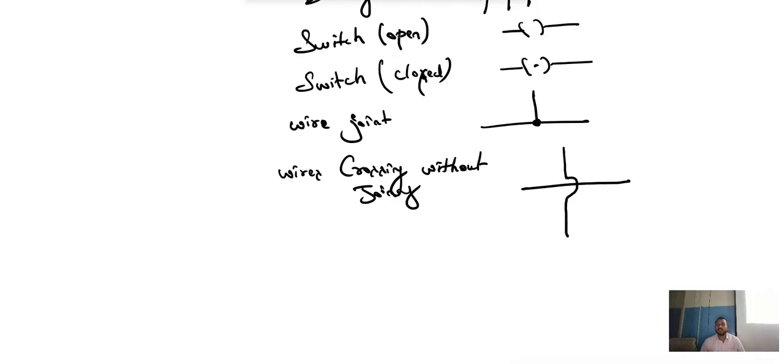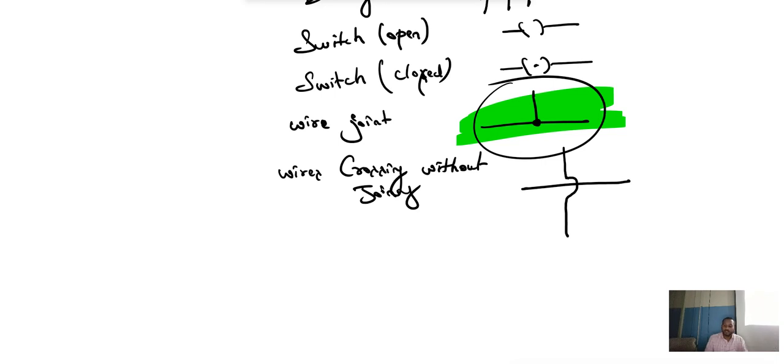In the upper state, both the wires are moving without joining. Sometimes they may ask you indirectly: draw a circuit diagram when the wires are crossing with joining. Wires crossing with joining. This state, this diagram.